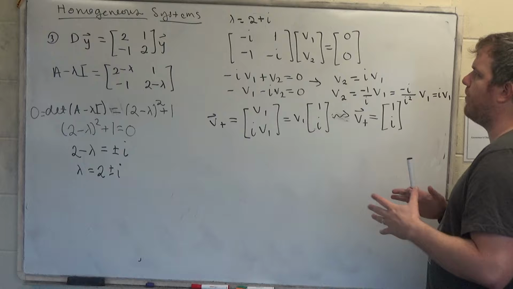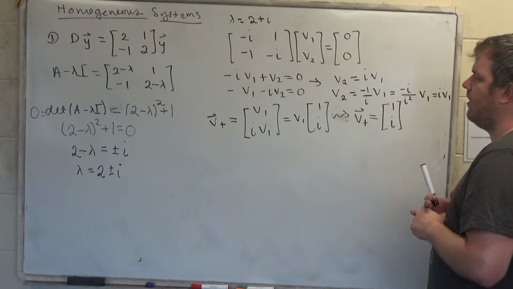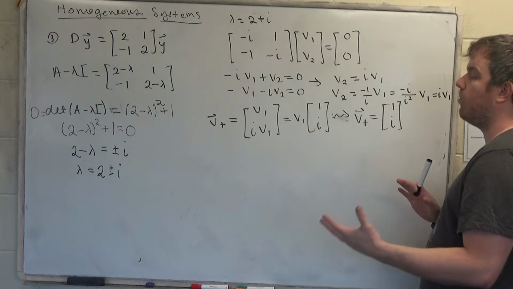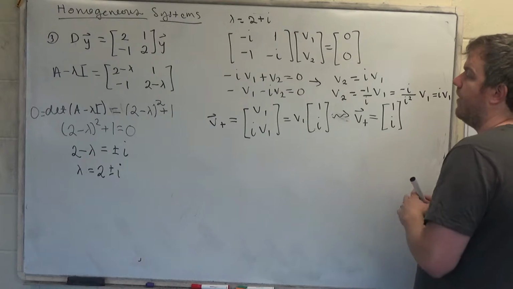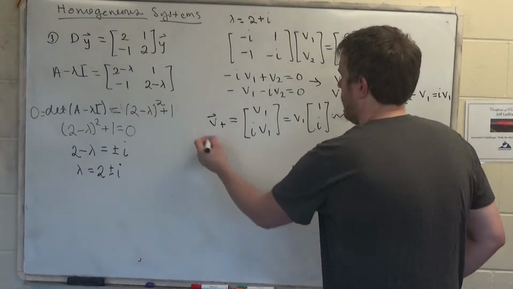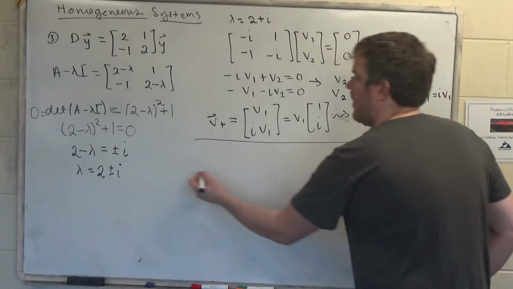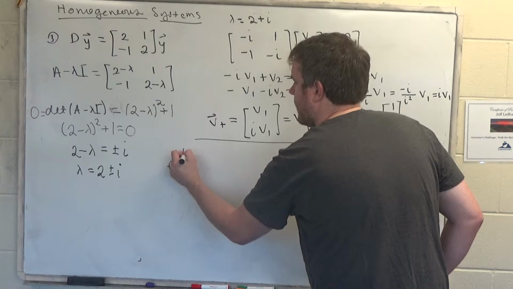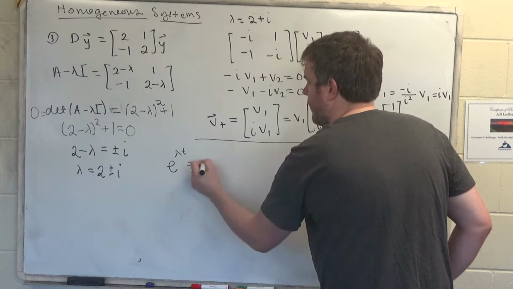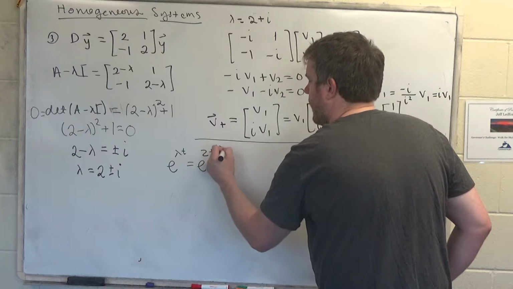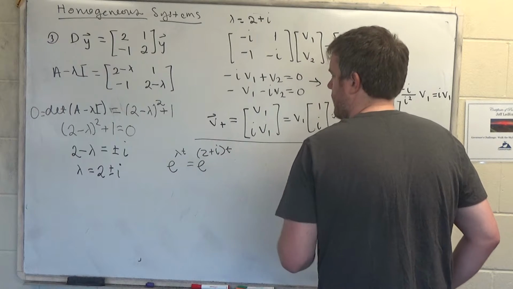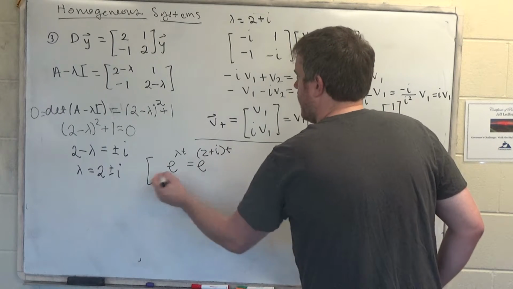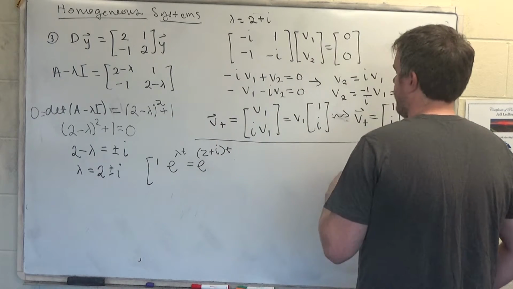Now, the remainder of the problem involves Euler's formula, and what we're going to do is we're going to take e to the lambda t, which in this case is e to the (2 plus i)t, and apply it to our vector v plus.